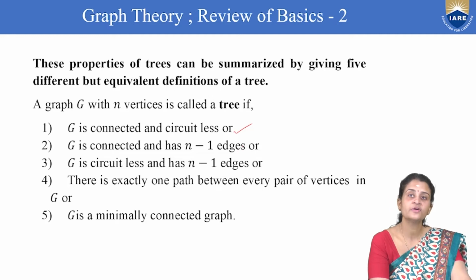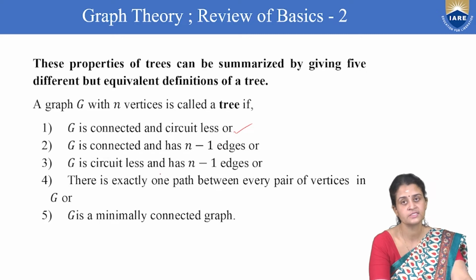Next, a graph with n vertices is called a tree if G is circuitless and has n minus 1 edges. Else, we can say that a graph G with n vertices is called a tree if there is exactly one path between every pair of distinct vertices of G.